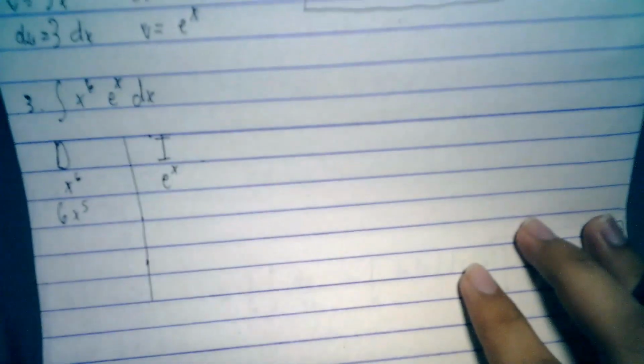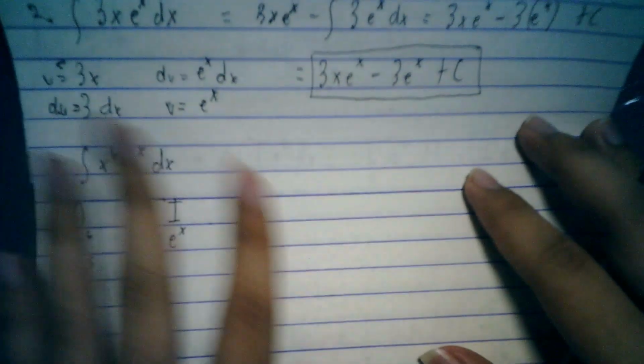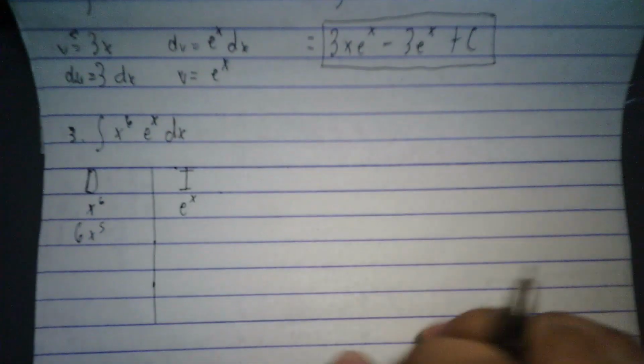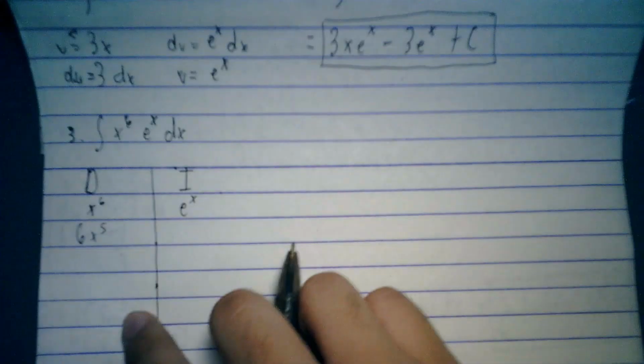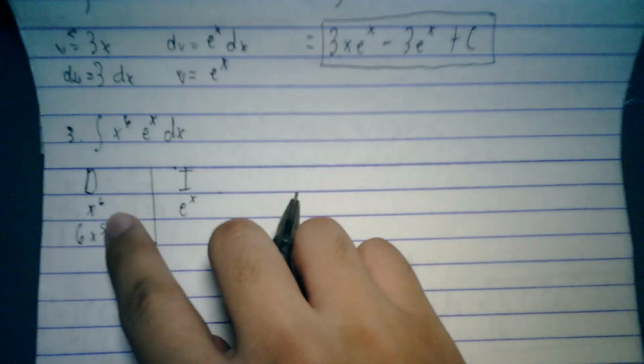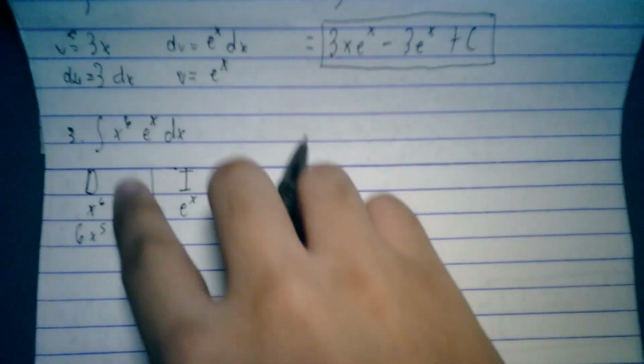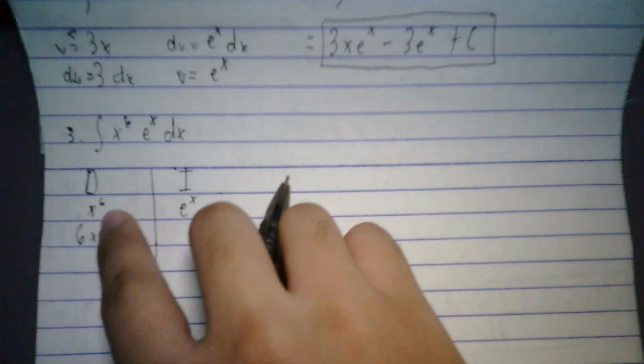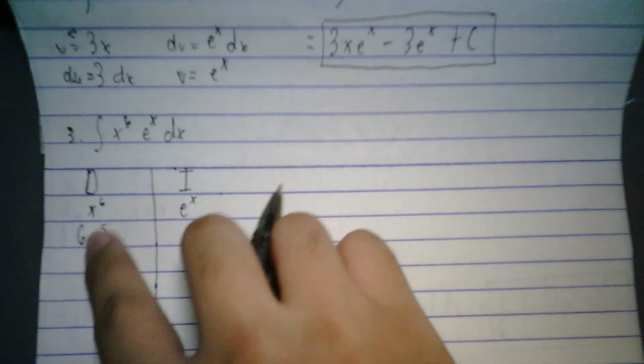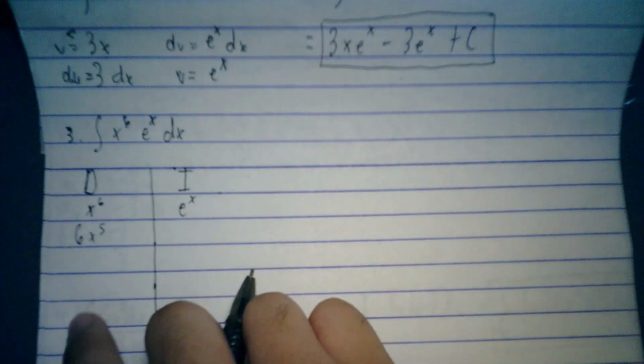By the way guys, let me get a clear look. Okay, so in this method, you need the derivative of your chosen u to eventually be equal to 0.